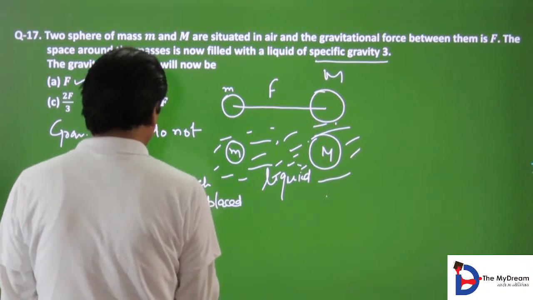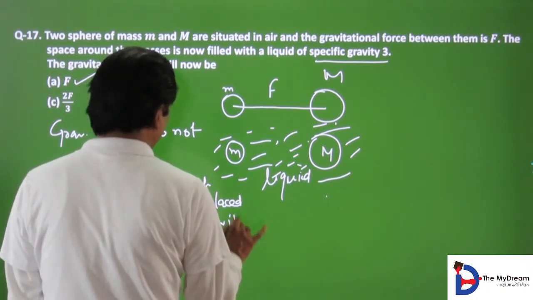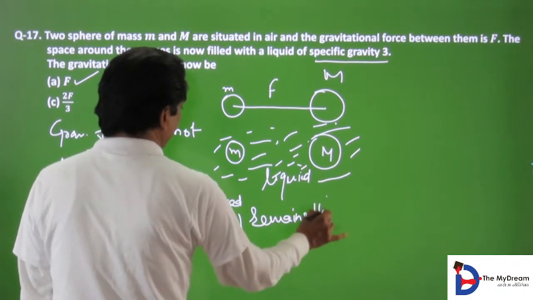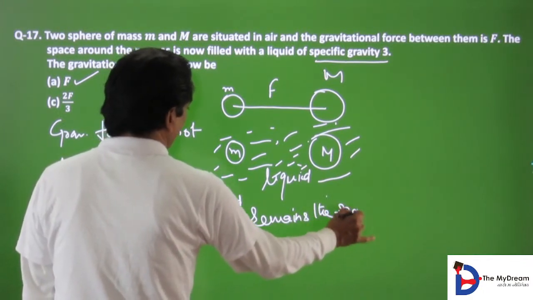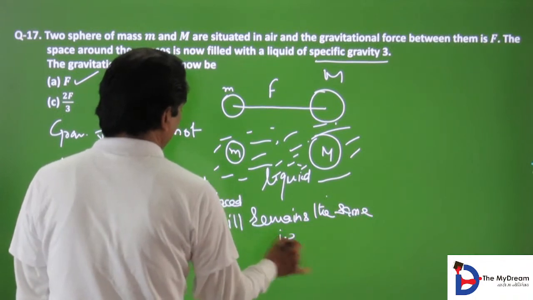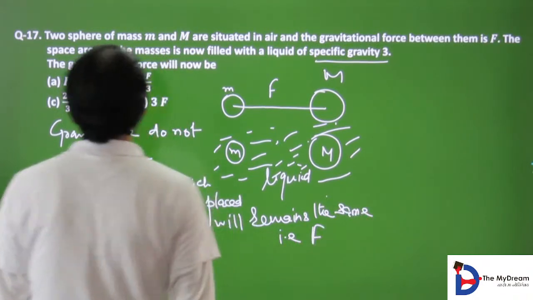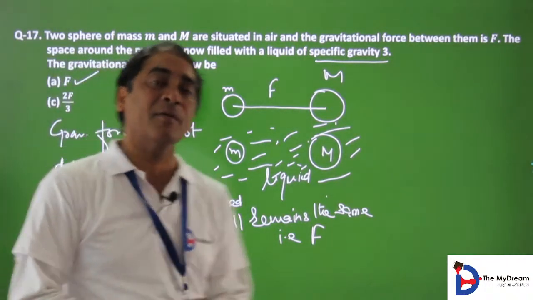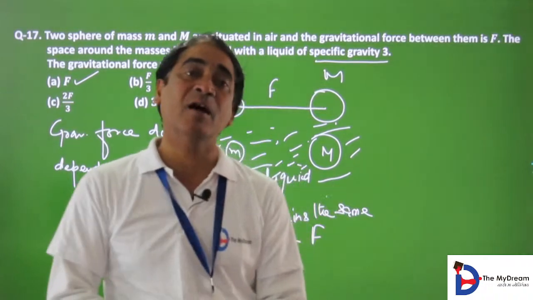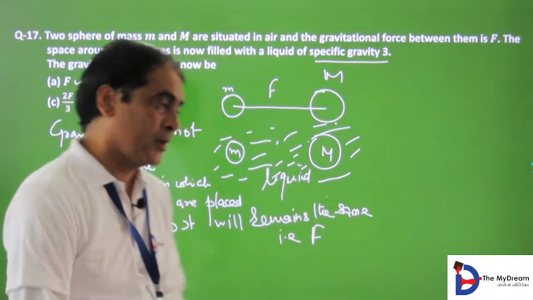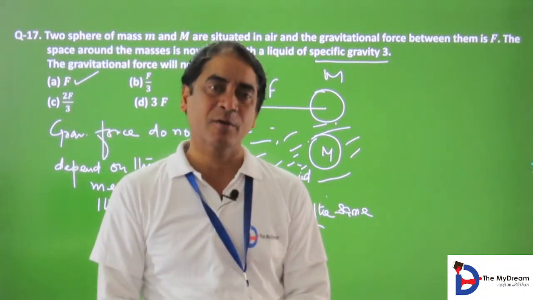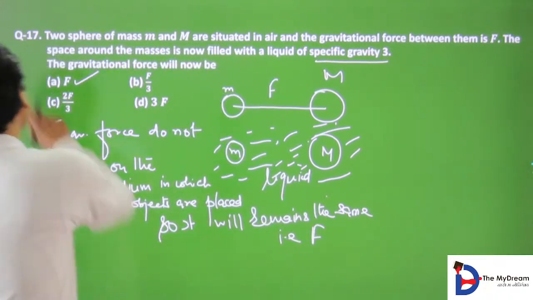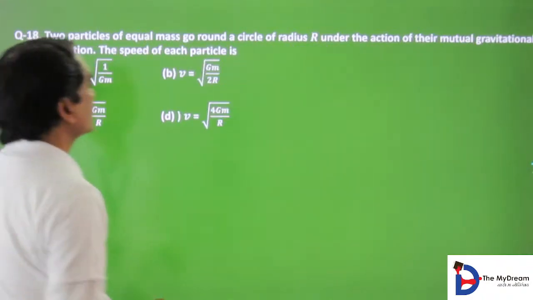So it will remain the same, that is capital F. So the first option is it. Gravitational force does not depend upon the medium in which the objects are placed. It depends upon the masses of the objects, not the medium of the object. In which medium it is kept does not matter.